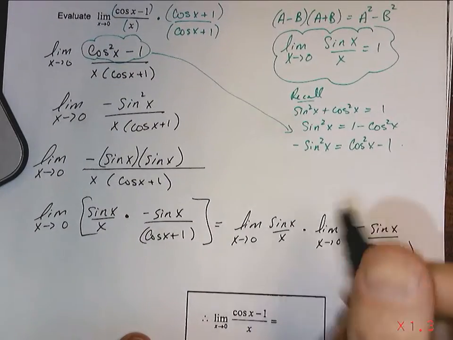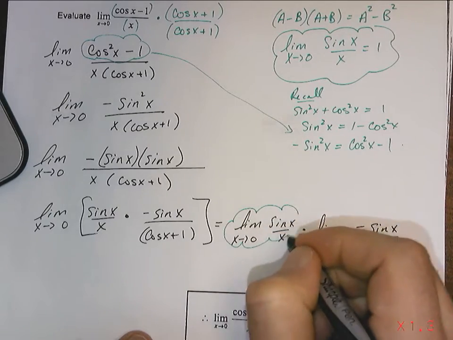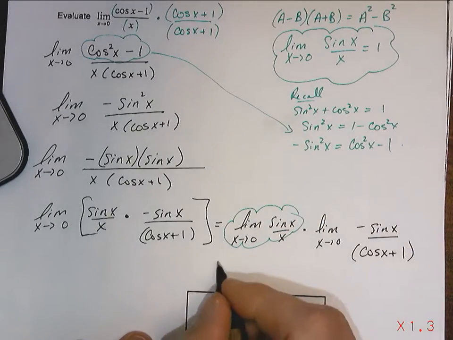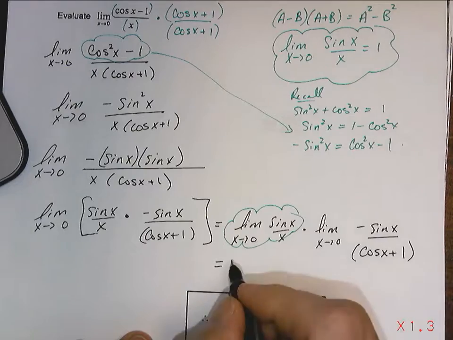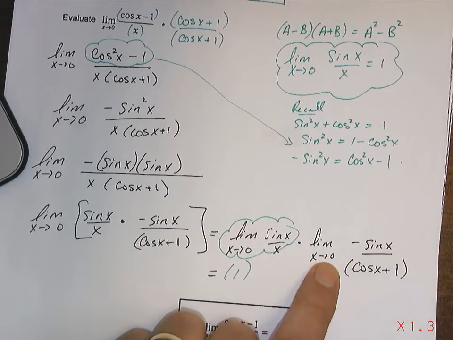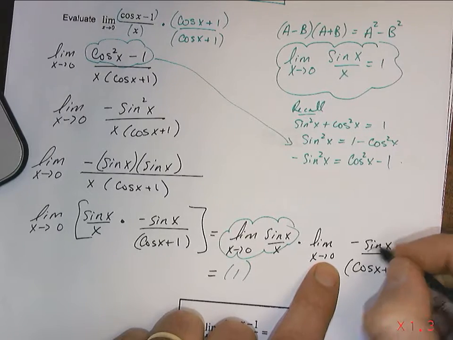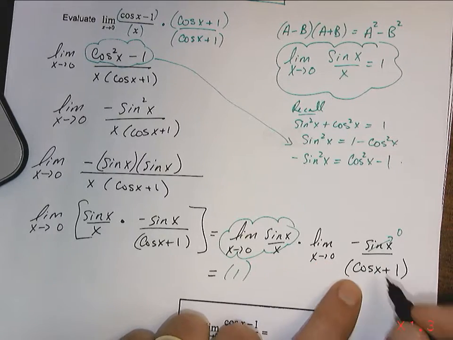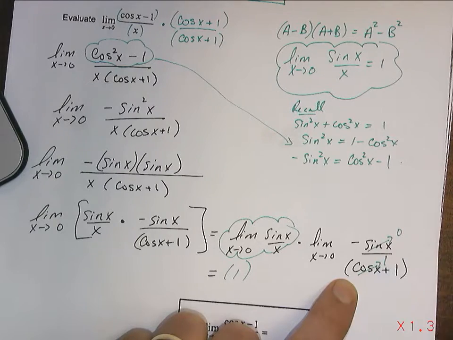One of these we know. That one equals 1. We know that from what I've done earlier today. The other one we can figure out. As x approaches 0, sine x approaches 0. Cos x is approaching 1.